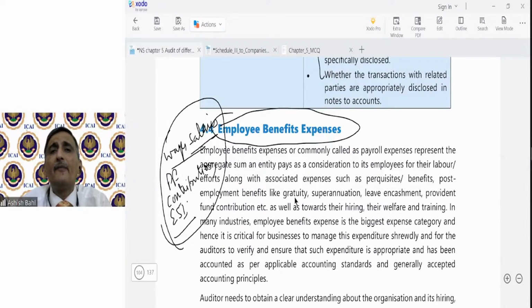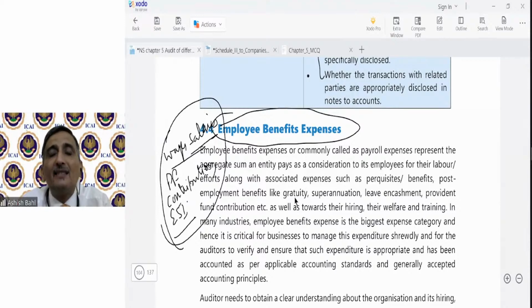So obviously, first thing for verifying employee benefit expenses would be, I would see wages or salary register. I would verify payroll records. So foremost thing for me to verify would be to verify payroll records.